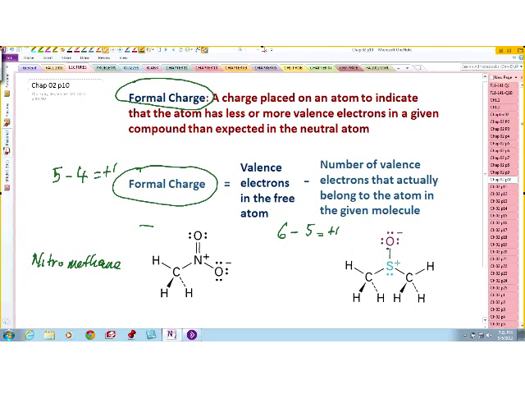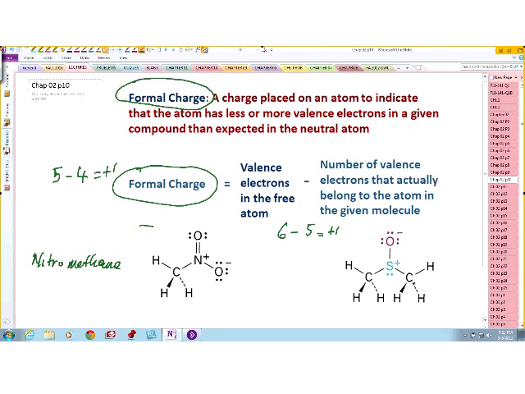Okay, now the question you asked me about the reverse. This is about oxygen. Does it obey the octet rule? Yes. It has 8 electrons surrounding it. Does it obey the valence rule? What is the valence of oxygen? 2. It only has 1. So we must place a charge on oxygen.